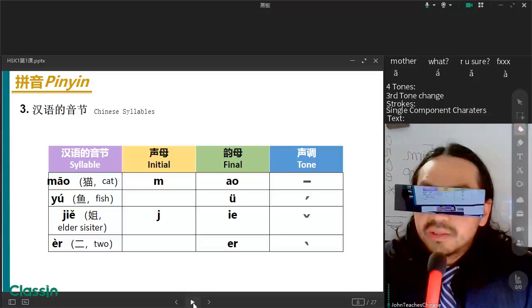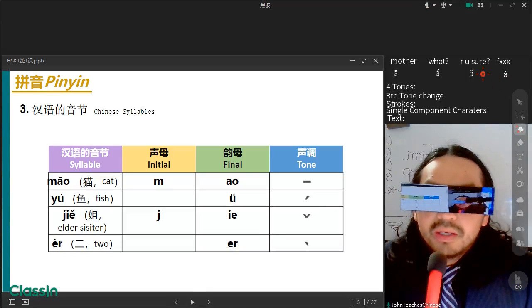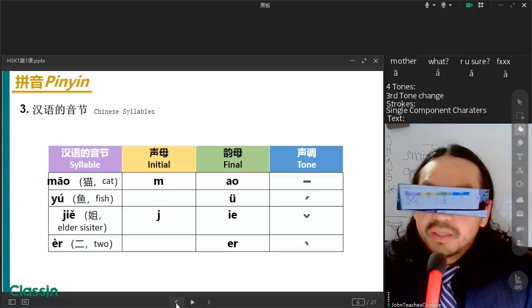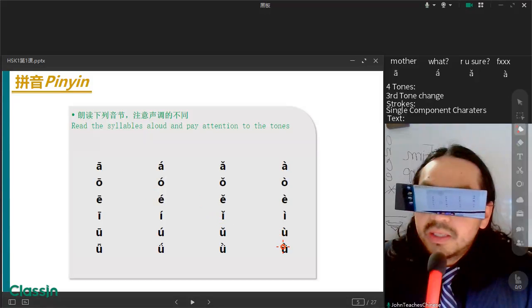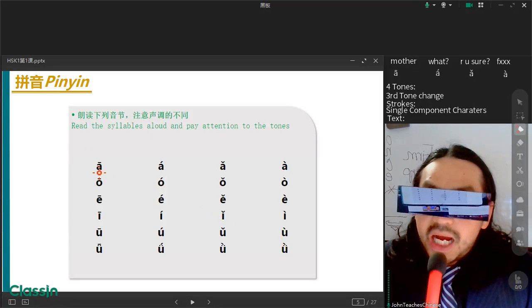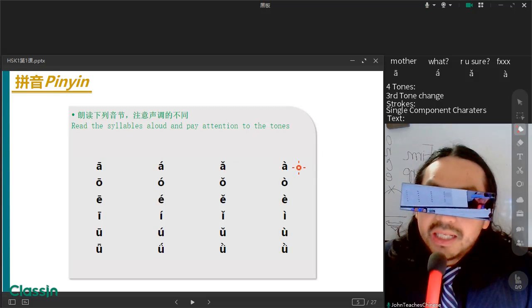Okay, we're going to go through it later in the next one. But before we stop, we have a little review. A, a, a, a. If you can't remember, have a look here.